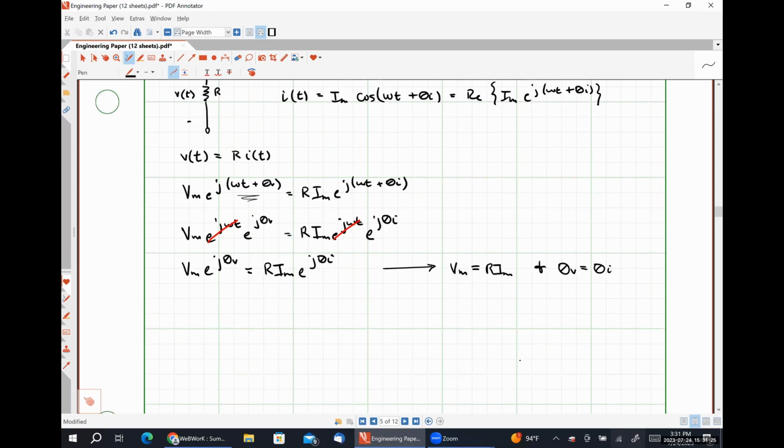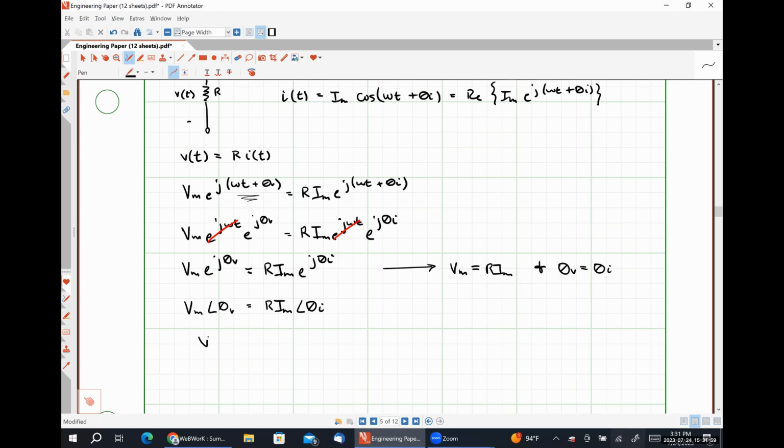All right, so getting back to the left-hand side of the screen here, we could represent both of these exponential form complex numbers as polar form complex numbers. So that would be Vm angle theta V on the left and R times Im angle theta I on the right.